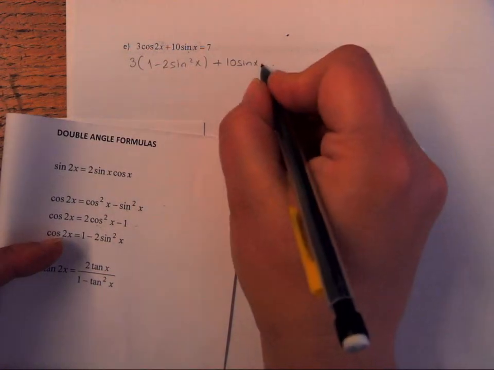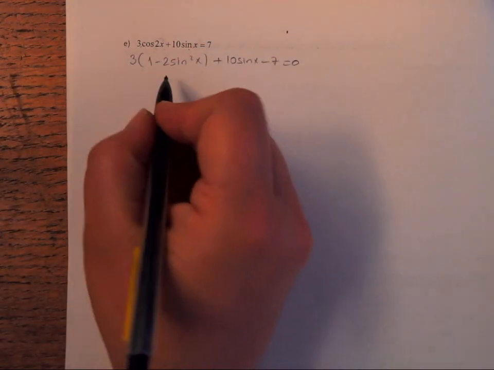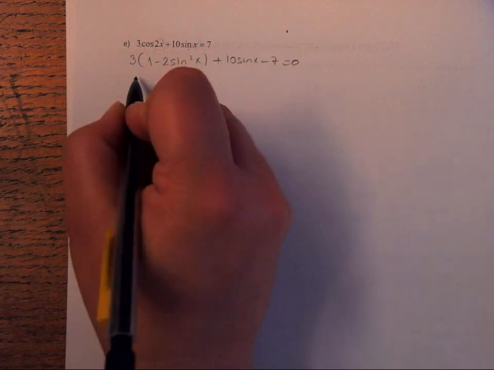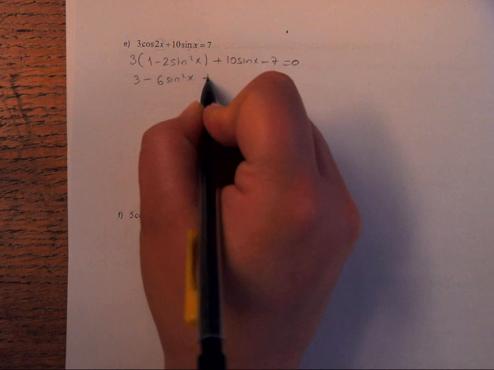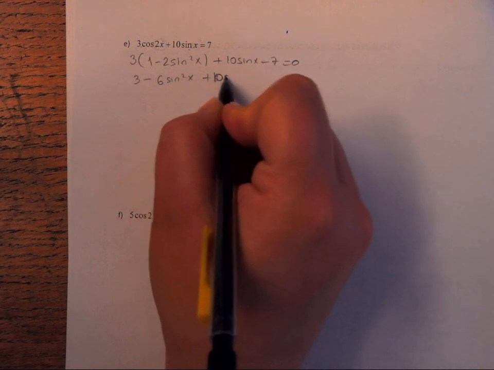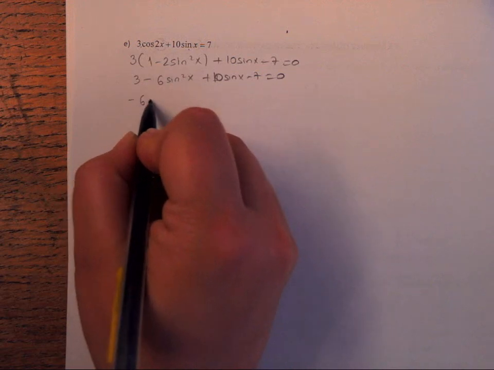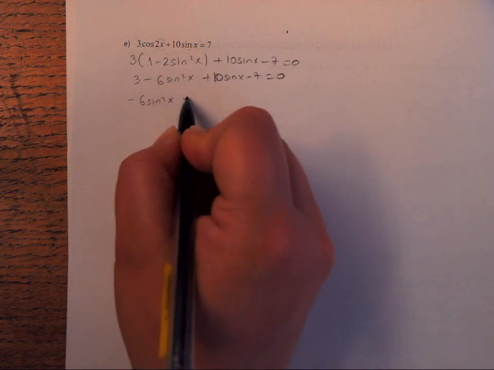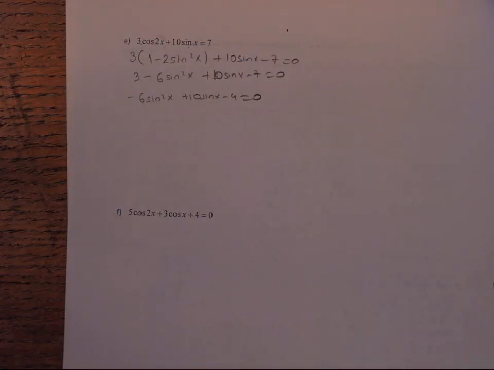I'm also going to move 7 to the left. Now distribute this. So you get 3 minus 6 sine square x plus 10 sine x minus 7 equals 0. So negative 6 sine square x plus 10 sine x minus 4 equals 0.